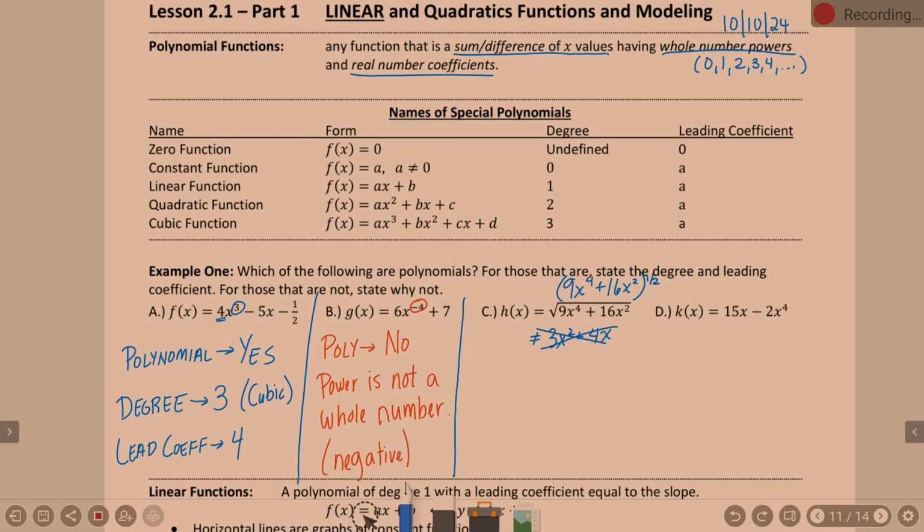A square root is never going to be part, unless it's just a square root of just like, well, no, even then. Yeah, I guess unless it's just a square root of a number out front. But if you've got x's and stuff under square roots, they don't simplify nicely, like this one doesn't. This is not a polynomial.